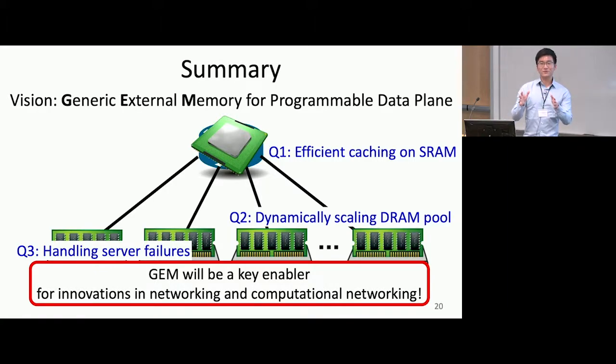In that case, we need to update all the flow information to remote memory, not on the SRAM space, because there is no concept of a hot entry in that case. So for every packet or every flow, we need to update the remote memory instead of using a caching mechanism.